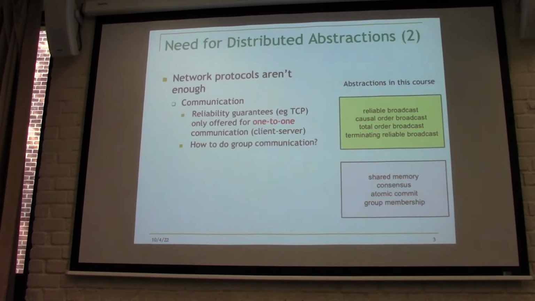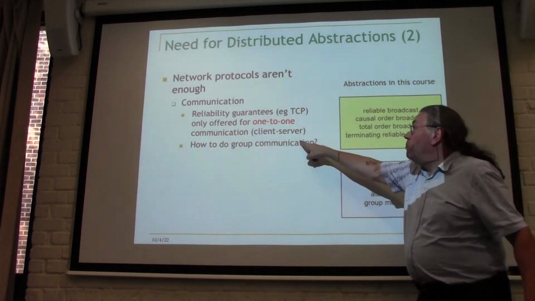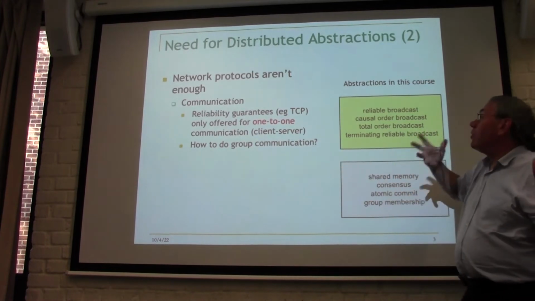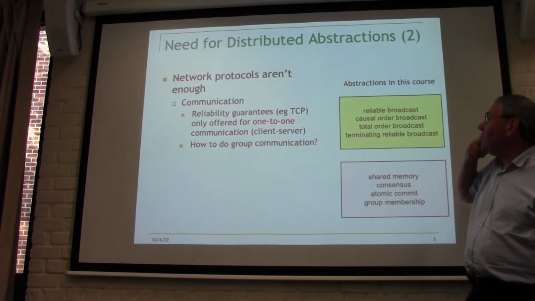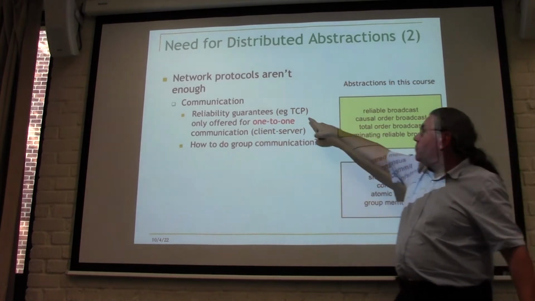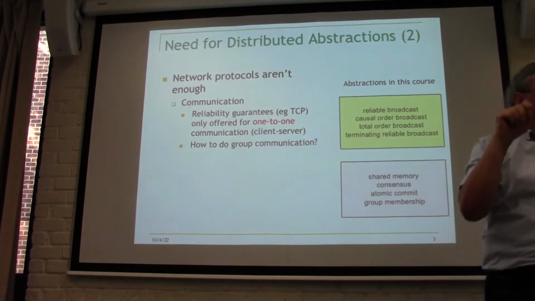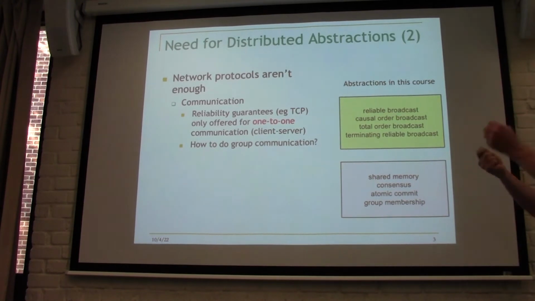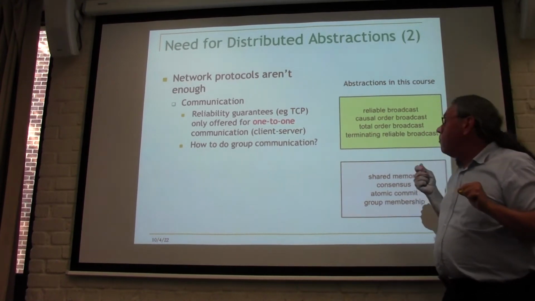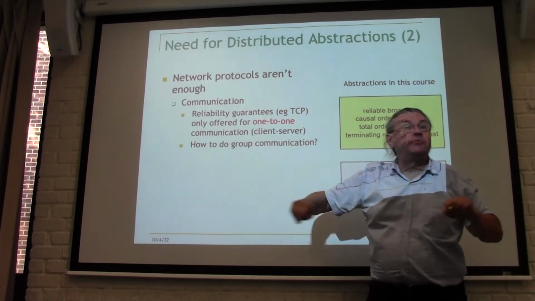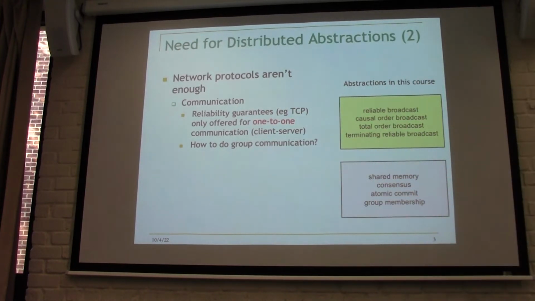So in this course, we're going to build on top of network protocols, okay? For example, TCP is only one-to-one communication, one process to another, reliable byte stream, but maybe we're interested in groups of communication.